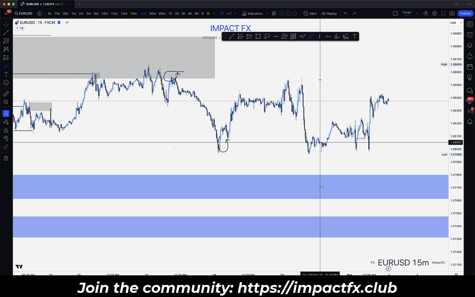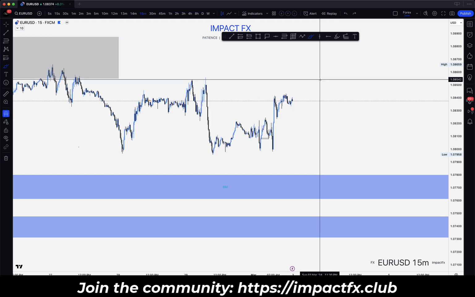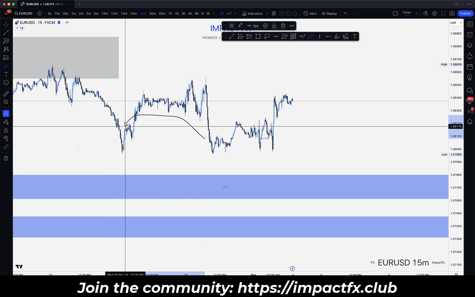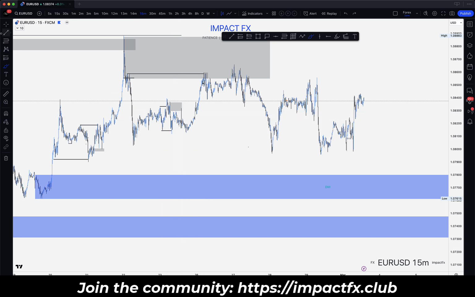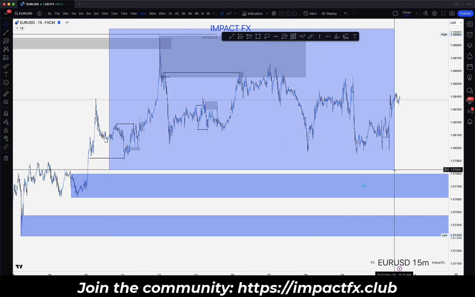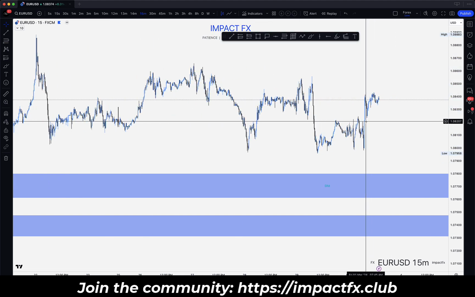Then we have to understand how we can actually get involved live. Create your system by going into the past and seeing how structure actually moves, and then implement that system so that you can do live trading.